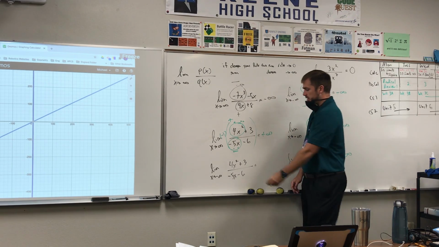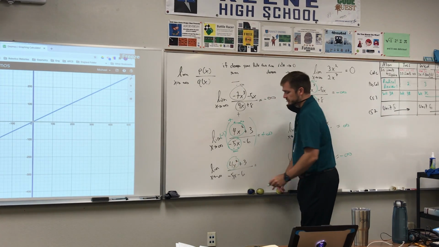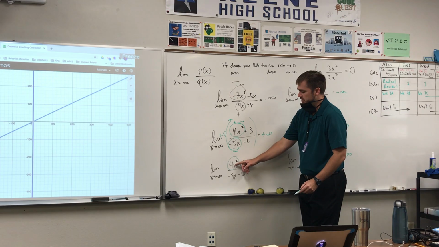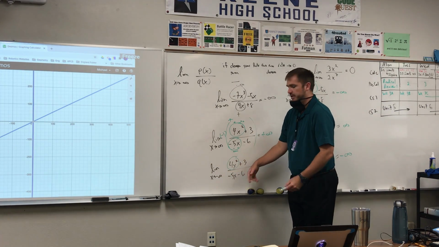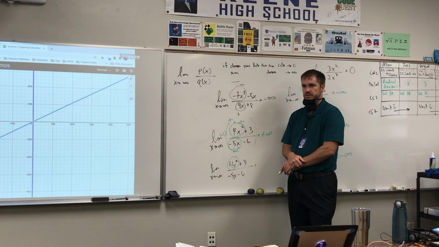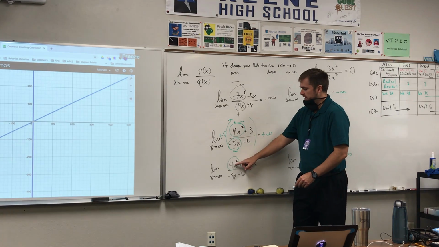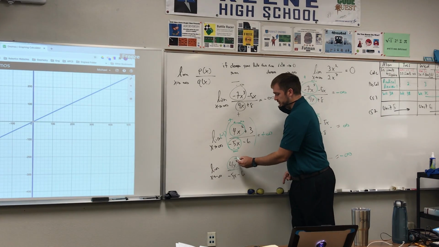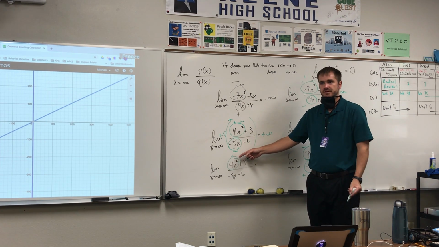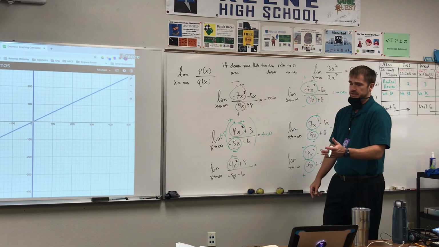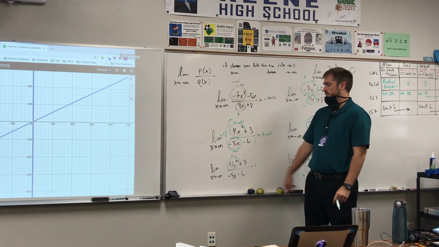Looking at the numerator, we have 4 times x squared. Now as x approaches negative infinity, what type of numbers are we dealing with? Negative. So x squared is a negative times a negative, which equals a positive, and 4 is always positive, so this is still positive. That's always going to happen with even powers.